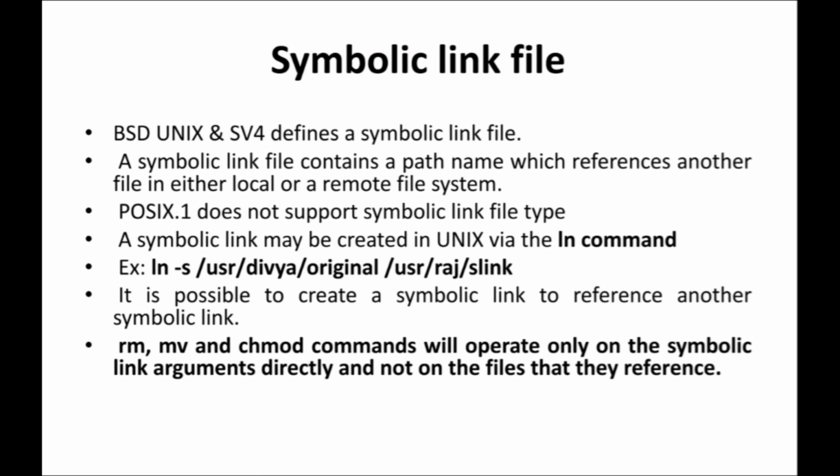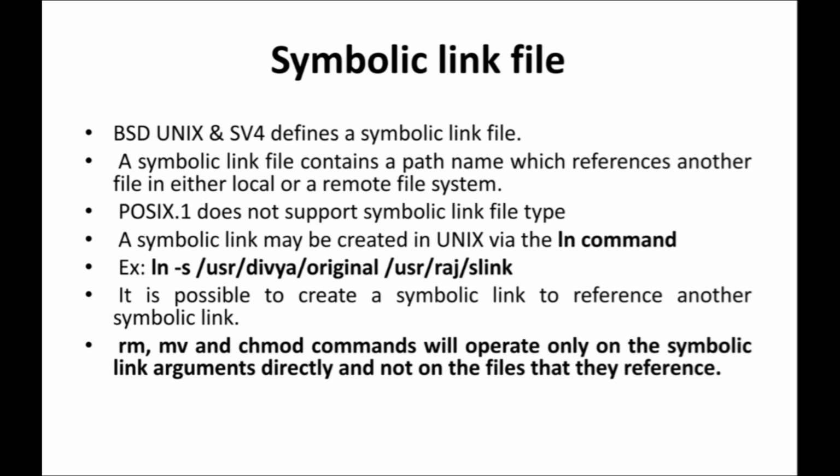Next, symbolic link file. What is a symbolic link file? A symbolic link file contains a path name which references another file in either a local or remote file system. In simple words, a symbolic file contains a link to another file.